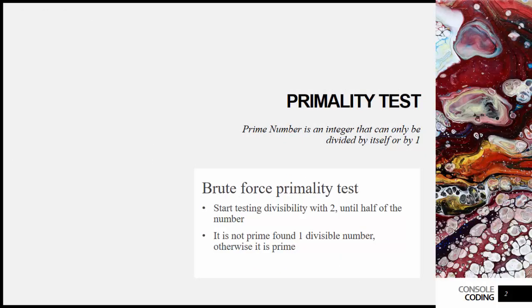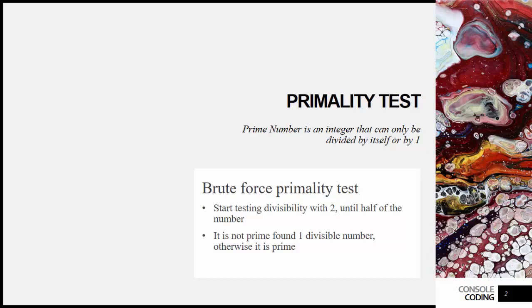Before we start with the coding of primality test, let us revise the meaning of prime number, which is an integer. Of course, prime number is only defined on integer. That is the integer that can only be divided by itself or by 1.